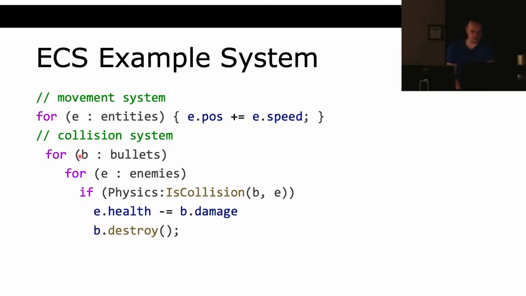So what we could do is say, okay, two things that are going to be colliding in my game are going to be bullets and enemies, right? Because if the bullet hits the enemy, we want to deal damage to it. So if we loop over all the bullets and then loop over all the enemies for each bullet, if there's a collision between them, take the damage of the bullet and subtract that from the enemy's health, and then maybe destroy the bullet.